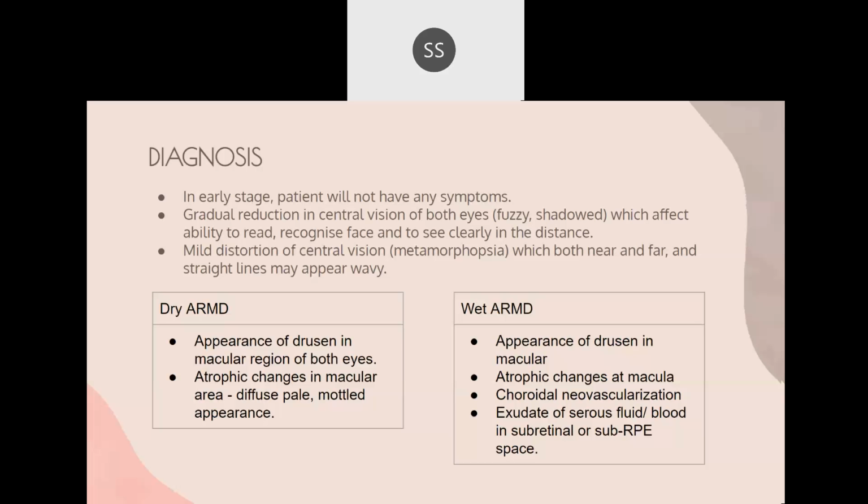Okay, usually for dry AMD, you can see metamorphopsia. And usually wet, sometimes they'll have dry AMD. If it's in the atrophic stage, you'll have poor vision. But in the early stages, and for the wet AMD, usually they'll come with a poorer vision. So the next time you go to clinic, you just ask for an Amsler chart and see what it is. Okay, and proceed. Okay, doctor.